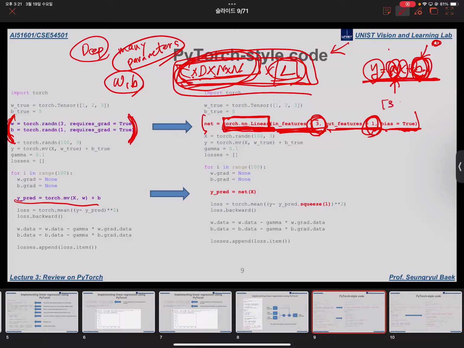I mean here a 3 by 1 array is defined, and they are randomly initialized. And B is also considering only the dimensions. They are randomly initialized. Okay, so by explicitly defining the architecture as the linear layer, you can define it using just one line of code.